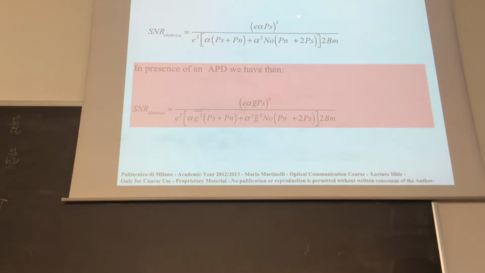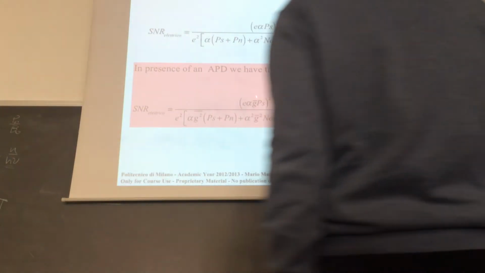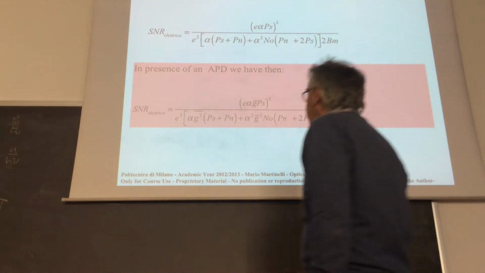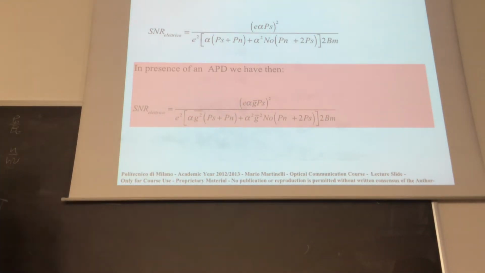That is, I have to multiply the numerator by G average, but I have to multiply the denominator by G squared average in this term of the shot noise, while here it is G average, because we already saw from the shot noise process that this is multiplied in this term. So this is a more complete expression of the photodiode.